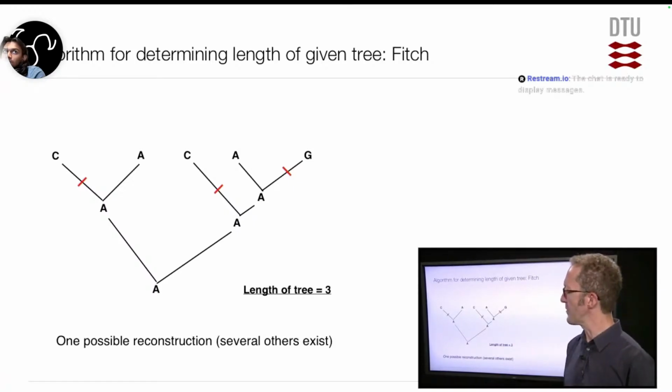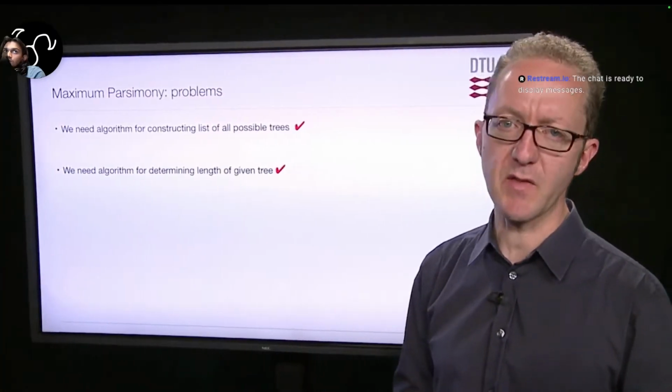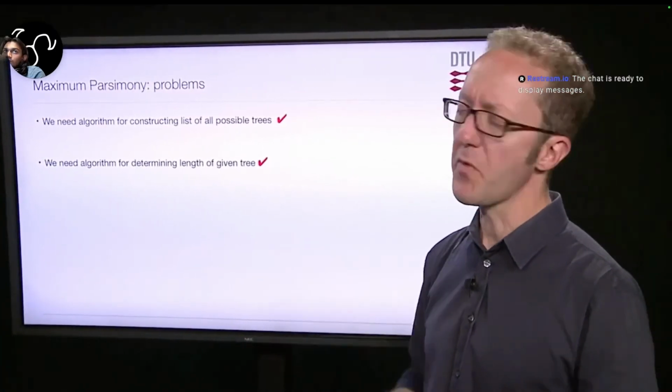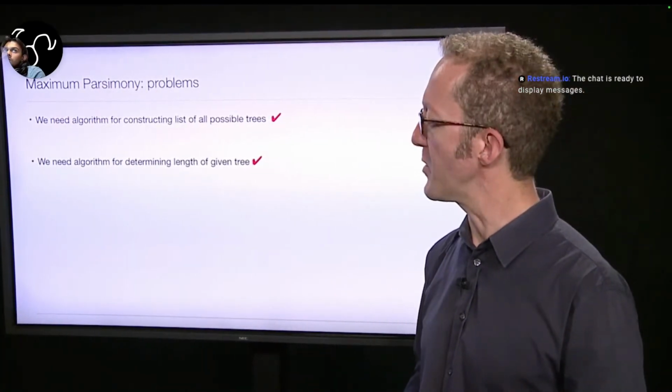That's what the algorithm was supposed to tell us. And you can see that we could do that for any given data set for any given tree. So both of our subproblems in solving the maximum parsimony problem have now been solved.